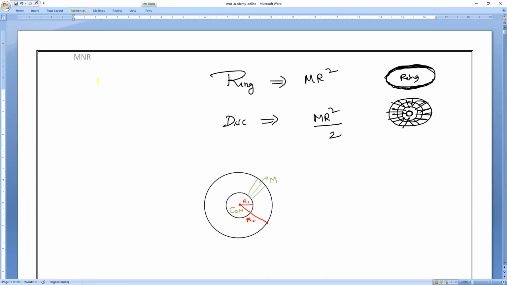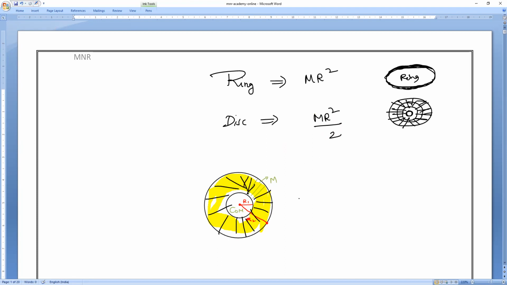M. So this entire part has mass. Just imagine, I'm highlighting, you can draw with the lines. This is the part where mass is located. So the particular mass M is the total mass of this one, and it is present everywhere.